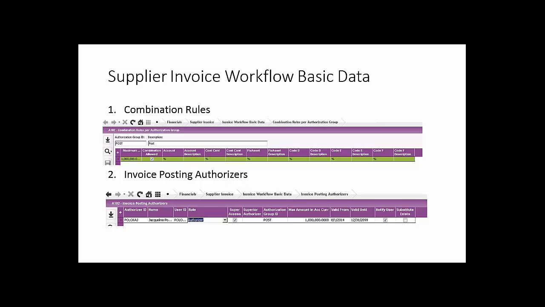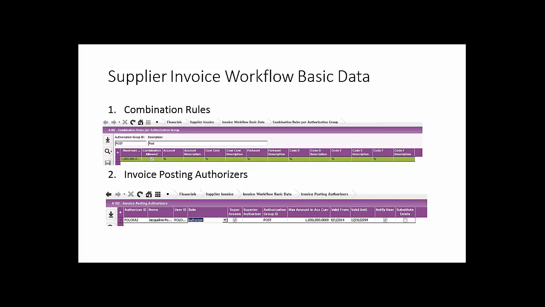And then we have the authorizers. So I set myself up as an authorizer, and there are two roles that you can pick. You can either be an acknowledger, who is only looking at the data, making sure that it's correct, but the authorizer has to have their signature in order to finally post the invoice.